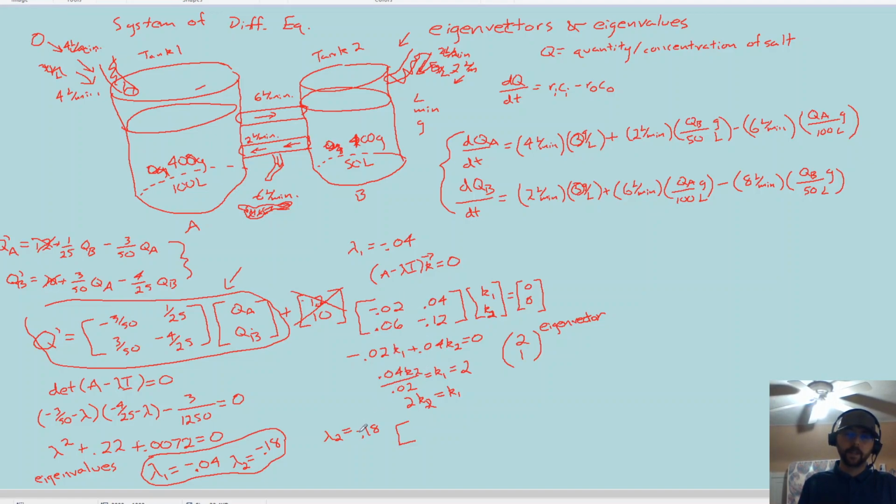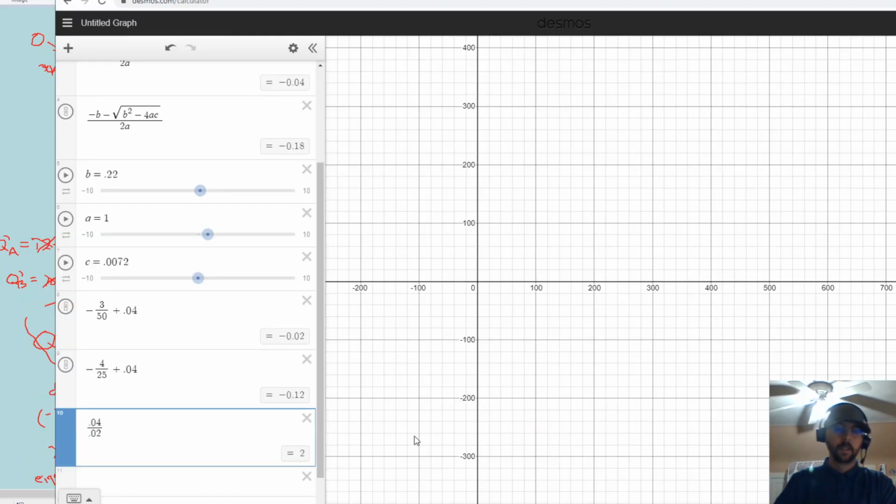So we have the original one, -3/50 minus -0.18. So -3/50 plus 0.18 is going to be 0.12.